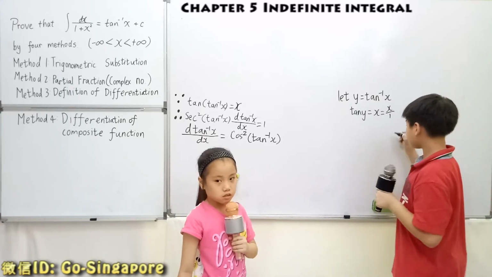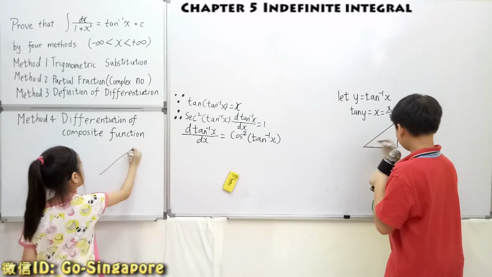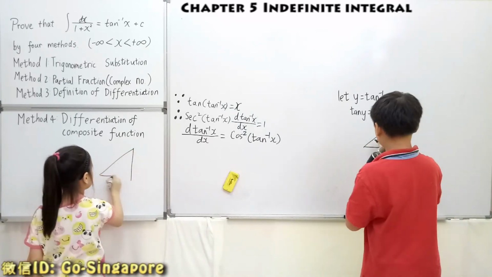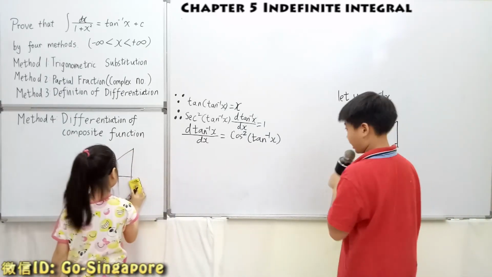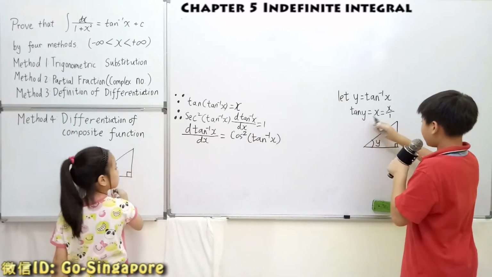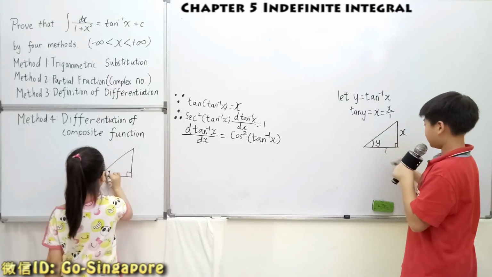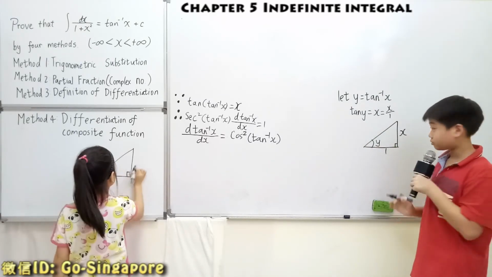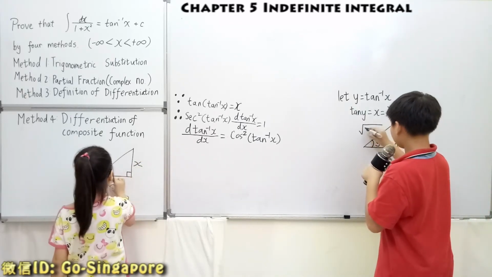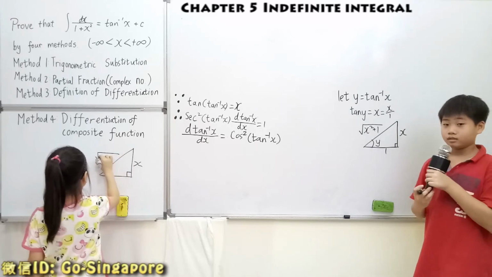So for this right angle triangle, this angle will be y. The tangent is the opposite over adjacent. So here it will be like this.